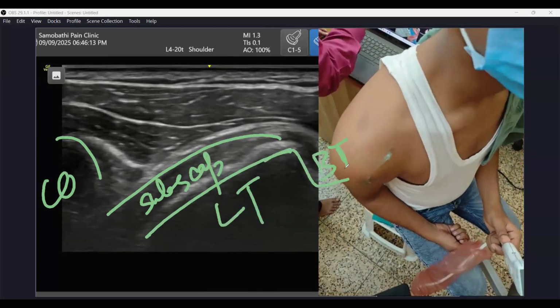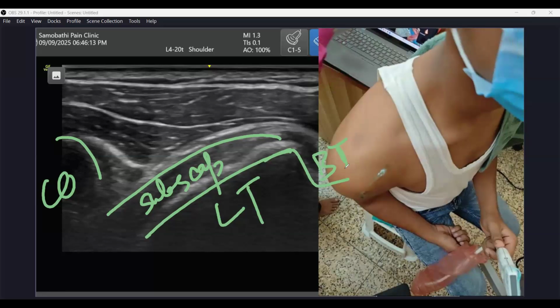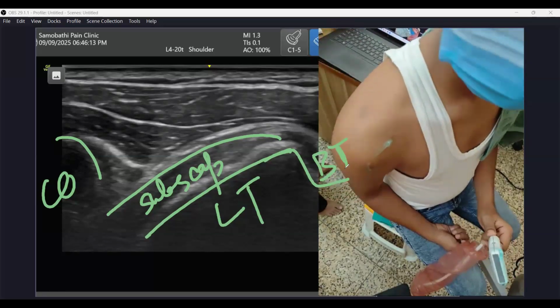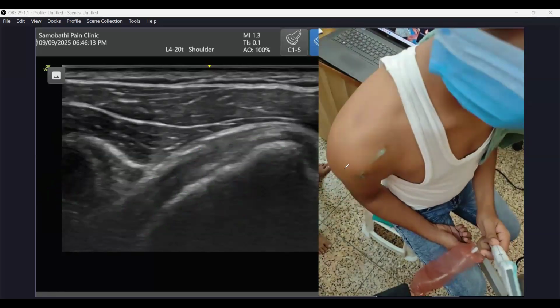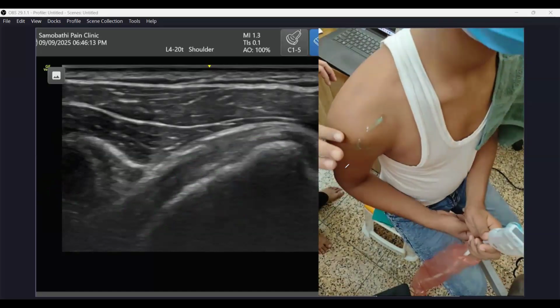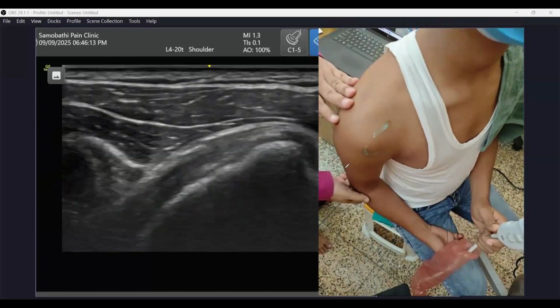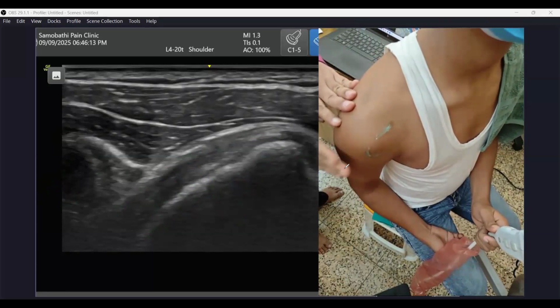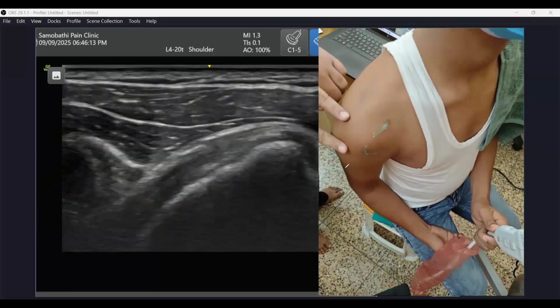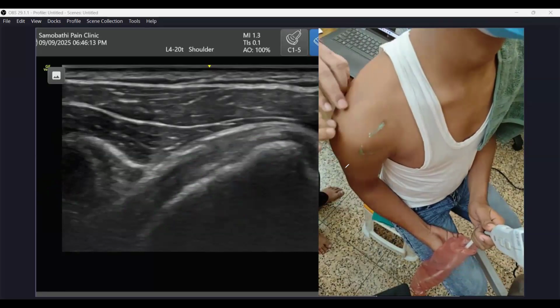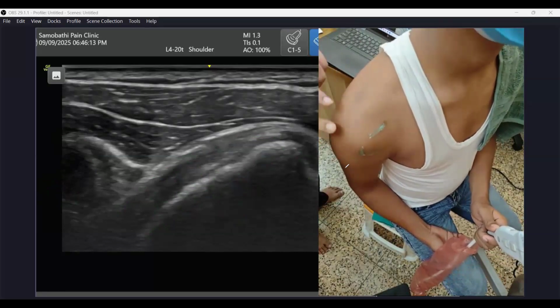Now, as I already told you last day, when there is a subacromial impingement, that means when he wants to abduct this arm, this greater tuberosity enters under the acromion and then there can be rubbing.